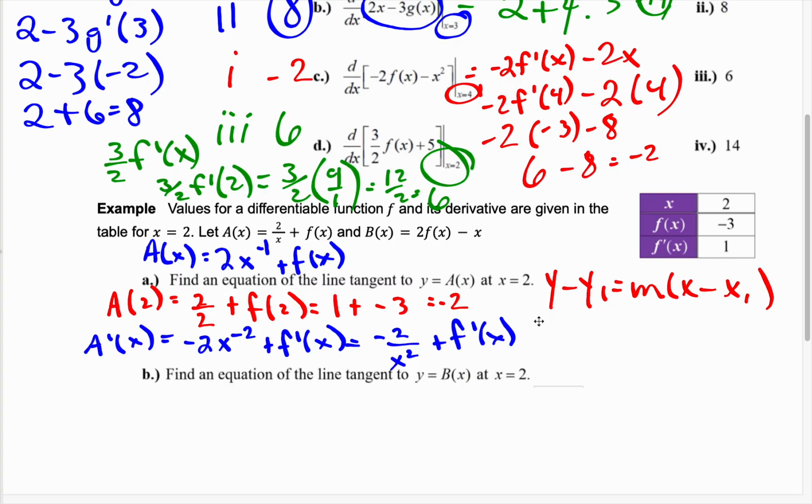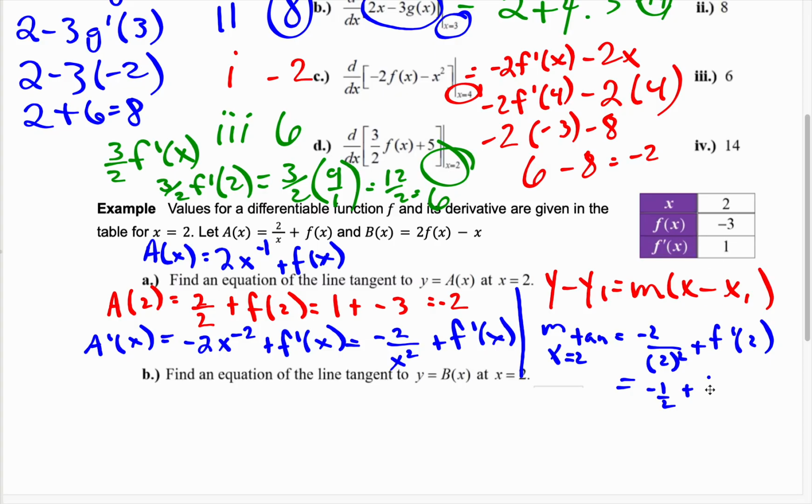All right, so we want to find the value of the slope. Slope of the tangent line when x is equal to 2 is going to be negative 2 over 2 squared plus f prime of 2. So negative 2 over 4, that's negative 1/2. And f prime of 2 is 1, so the slope is 1/2.